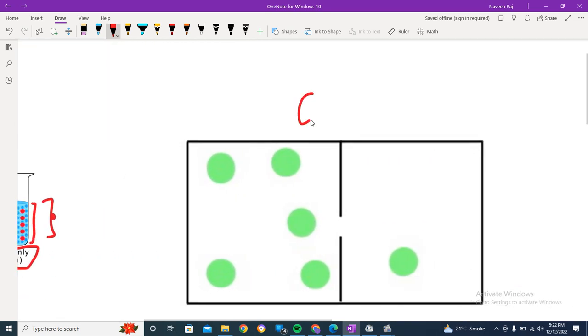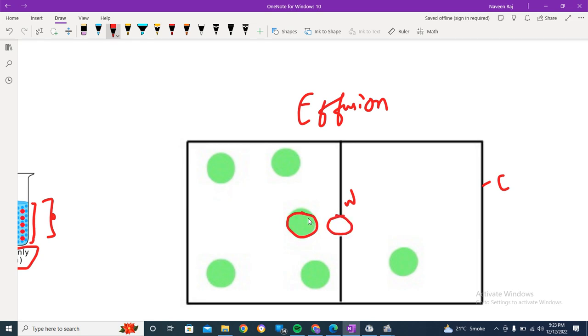Now here we have got effusion, and this is even easier, but it's less common than diffusion. Effusion, right? Here you notice we have got a container C, and here we have got a hole W. You're going to see that at a single time, one particle can travel.